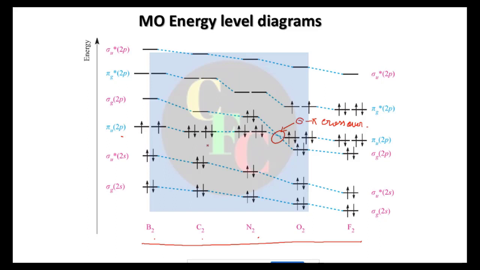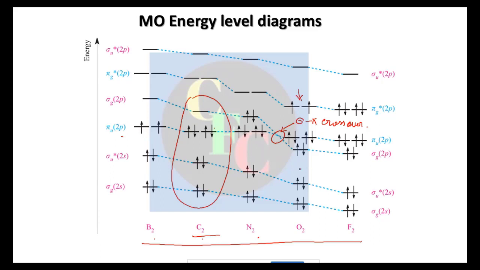You would have theoretically explained that carbon would be paramagnetic, if you drew carbon with oxygen's type of molecular orbital. But C2 is diamagnetic, and this is correct only if this energy ordering is correct, where the sigma is above the pi.